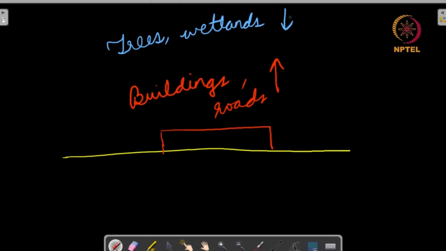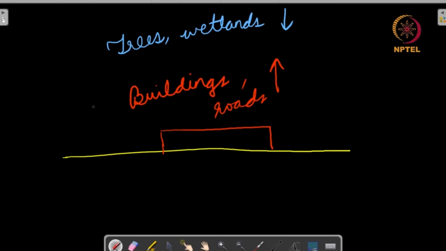If you look at our cities, you will find this situation. In the cities, we have a large number of buildings and roads, and very few trees and wetlands because they have essentially been removed to make way for buildings and roads.